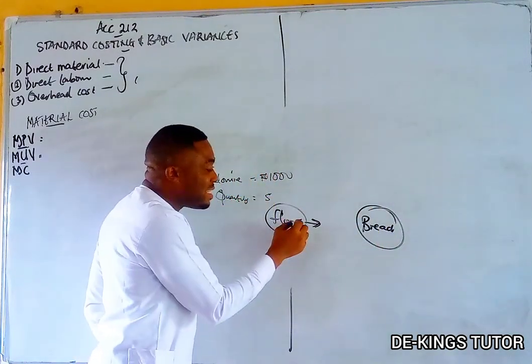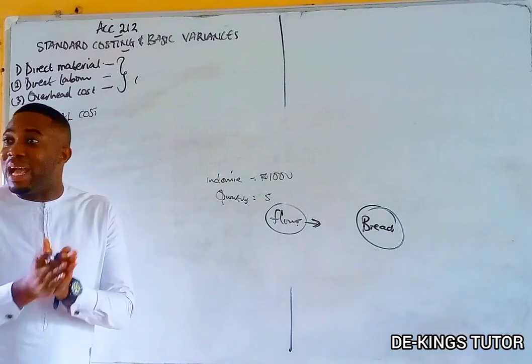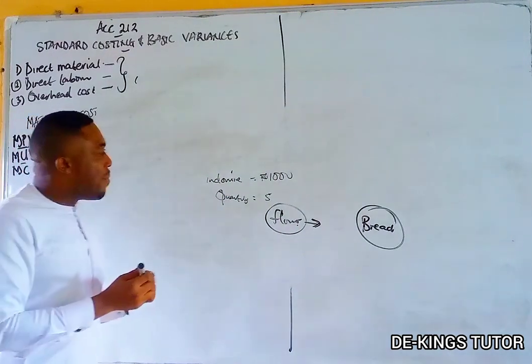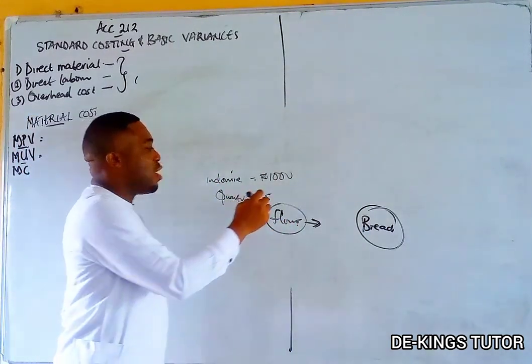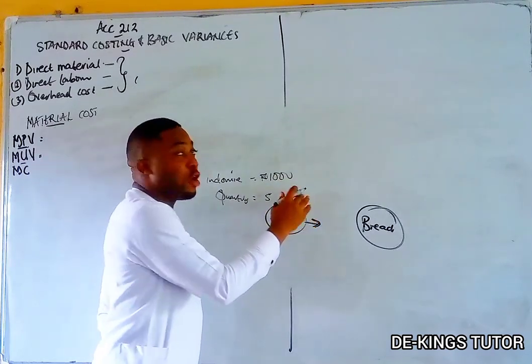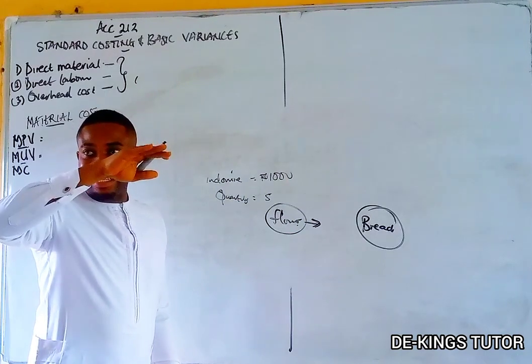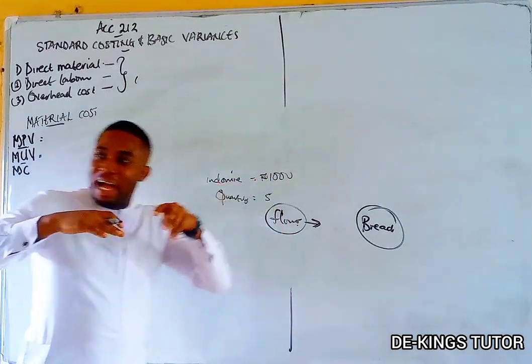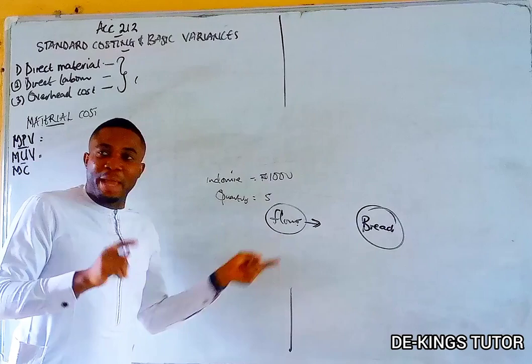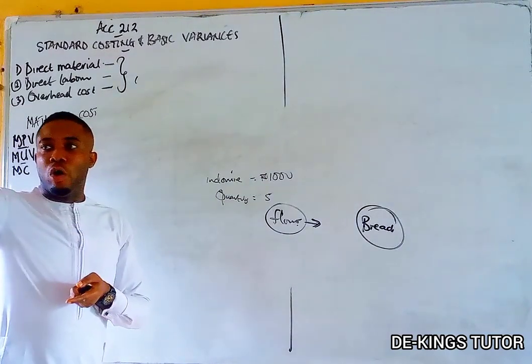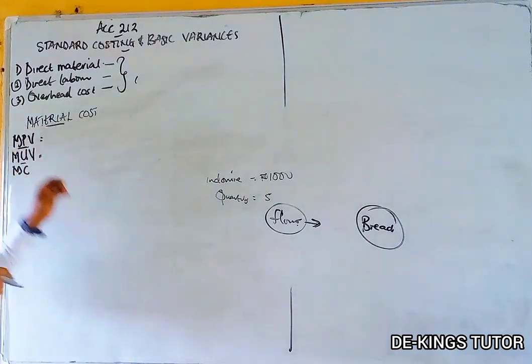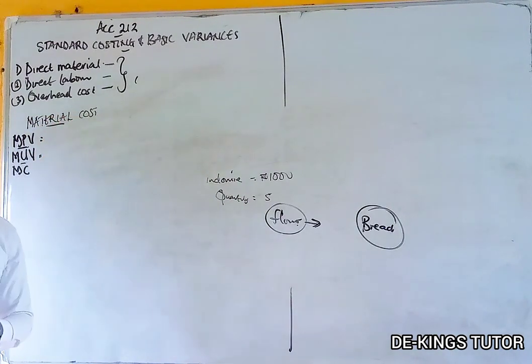So it is the quantity they have that determines their usage. So they might set a standard that every day, within a day, this is what we should use. That's a standard. But in actual terms, once they start incurring, they might use more or less. So these are the three basic aspects we want to see in terms of material cost.